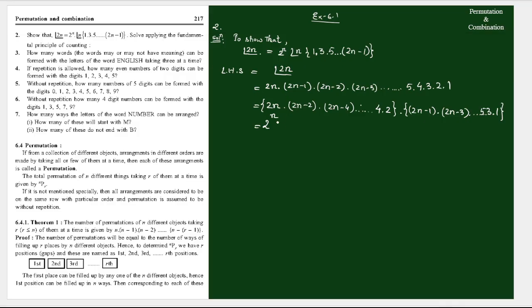2 to the power n, we took the common, then here we get 1. Taking 2 out, we get n minus 1. Taking 2 out of this one, what will come? n minus 2. Then from 4 we get 2, from 2 we get 1. Fine.